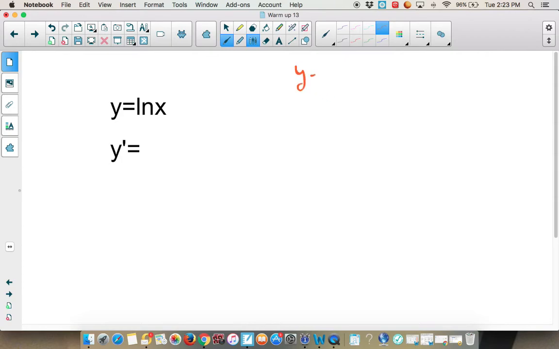If I say y is equal to ln x, that's really secretly log base e of x. And when we were dealing with logarithms, we also knew we could rewrite a log as an exponent: e raised to the y is equal to x.